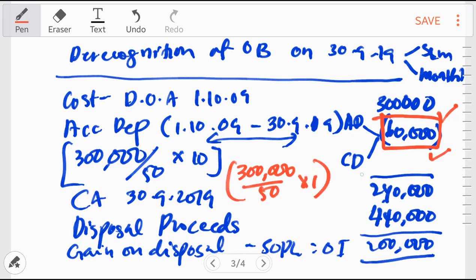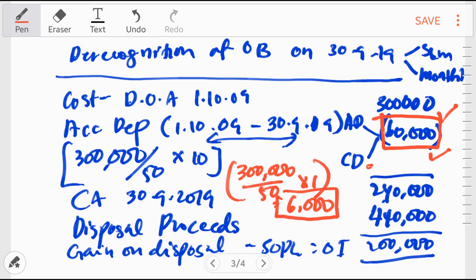This is going to give you a figure of 6,000. So this 6,000, you need to record before you eliminate the accumulated depreciation.